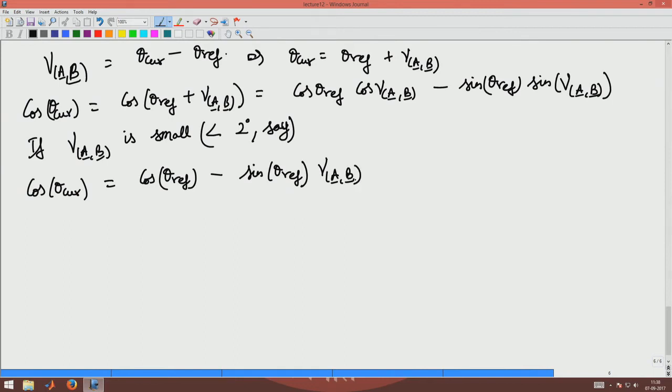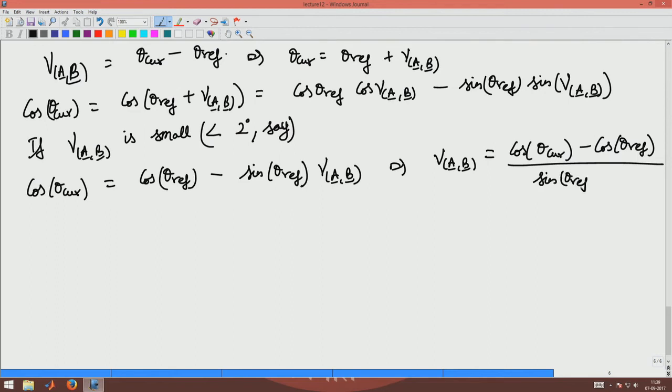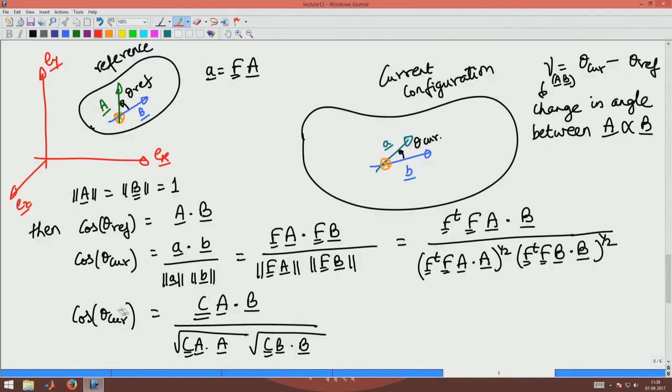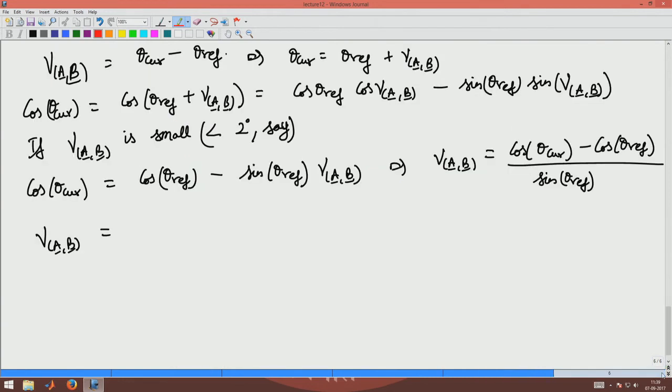Okay. So, this will imply gamma A comma B is nothing but cos of theta current minus cos of theta ref divided by sine of theta ref. Okay. So, now let us substitute for all these things. From the previous page, you know that cos of theta current is given by this expression. Let us substitute that in here.